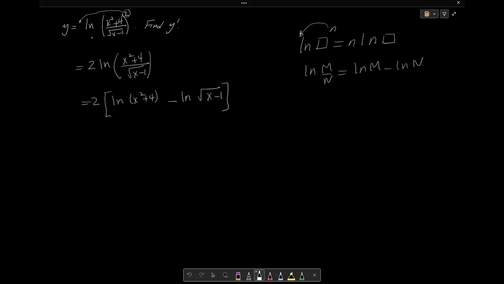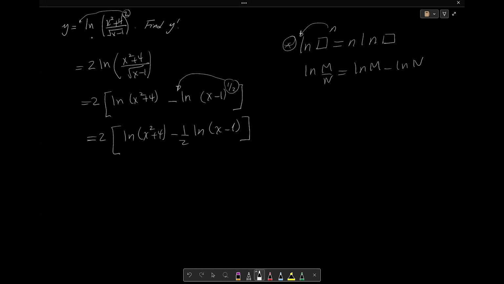Now, I have here the square root of x minus 1. I'm going to go ahead and write it as x minus 1 to the 1/2. I can't do anything with the first term, but I can bring this to the front according to this right here. So here's 2 ln of x squared plus 4 minus 1/2 ln of x minus 1.